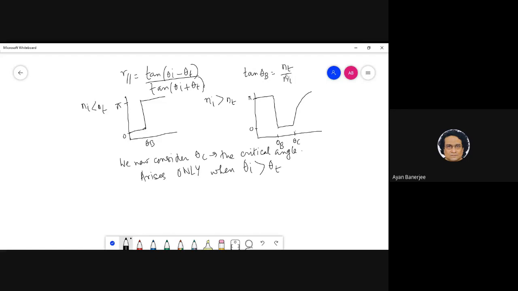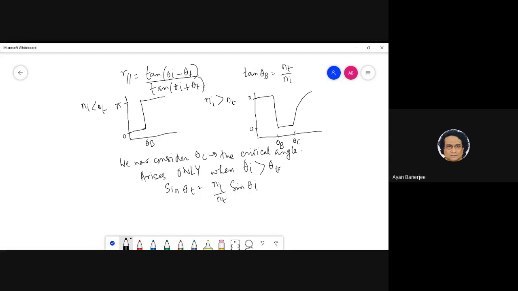Anyway, this starts from Snell's law, that is, sine theta t by sine theta I is ni by nt.